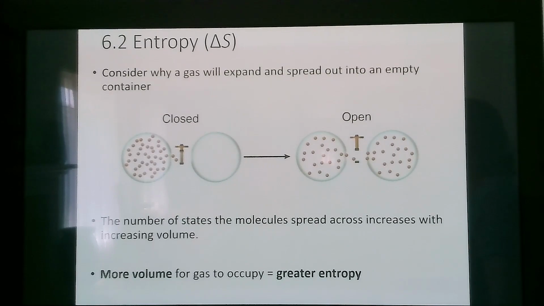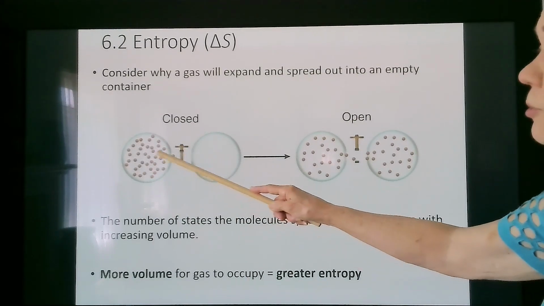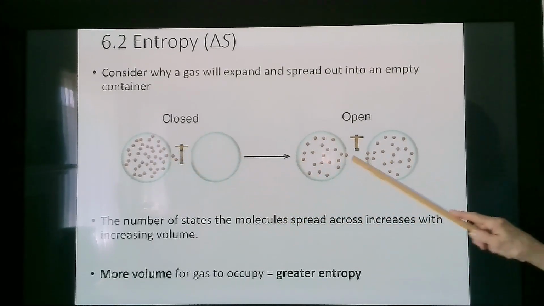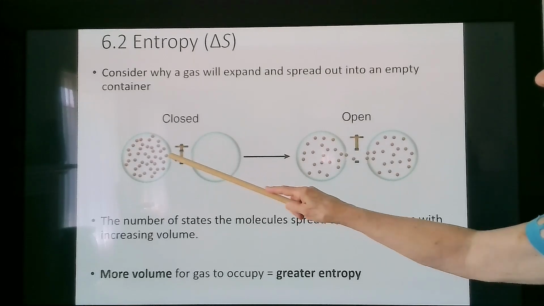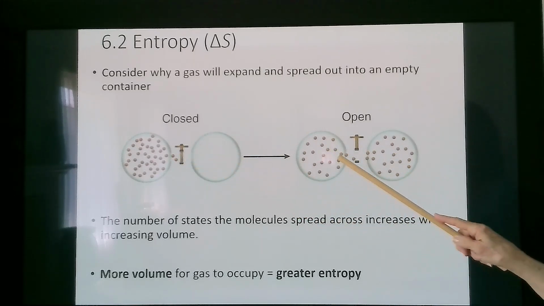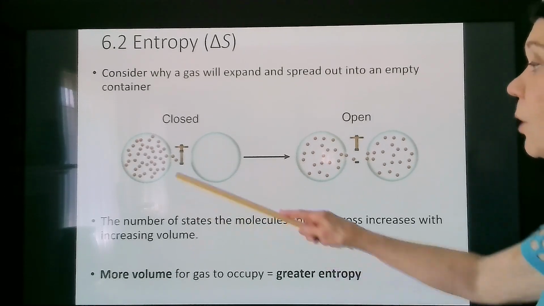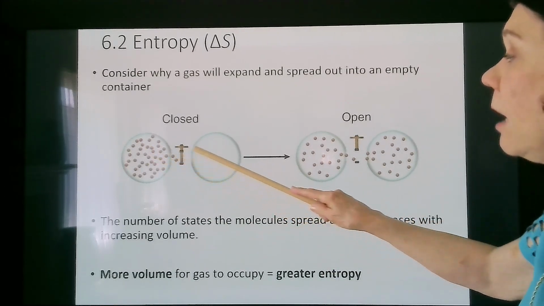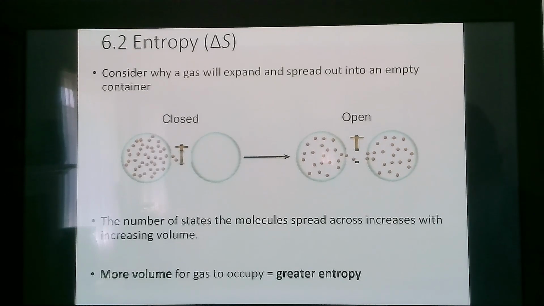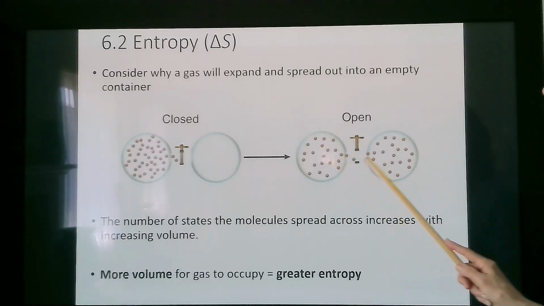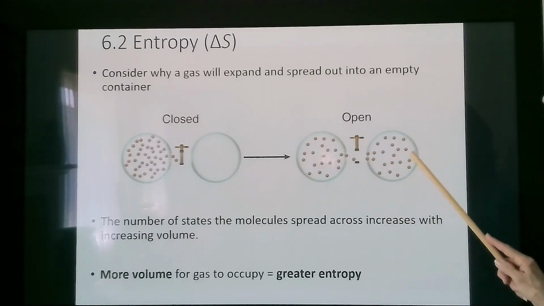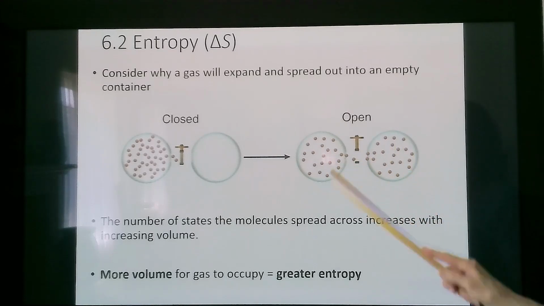Here's another one. The gas, when it's in this closed system and you open it up, will spontaneously expand. Remember, nature works towards lowest energy and highest entropy. So the molecules will expand into a more random system where they are spread out more.